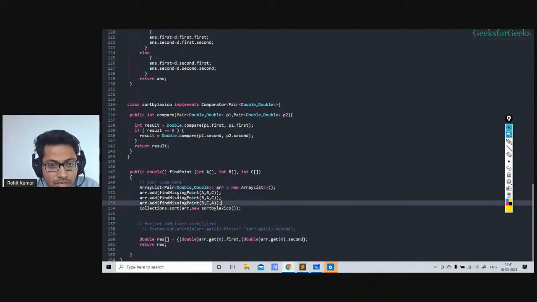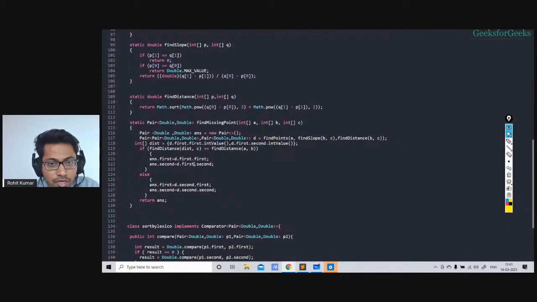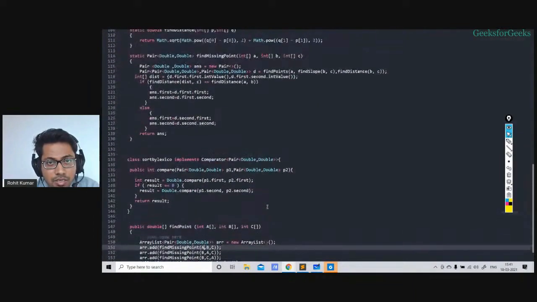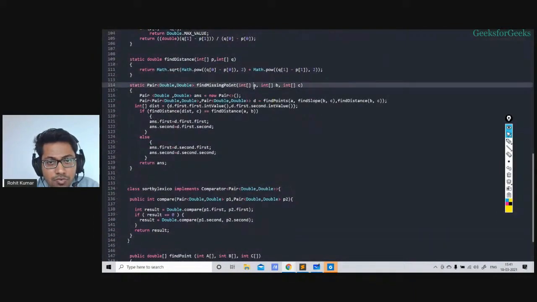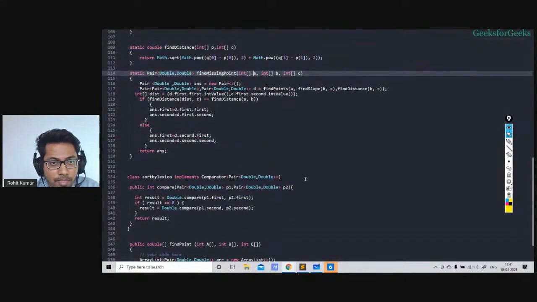Now this find point method is calling find missing point, so let's go to that. In the find missing point method, over here also I am passing the three integer arrays. Again, if you look at it very carefully, I am passing a, b, and c, and small a, b, and c are the capital A, B, and C passed from the find point method.